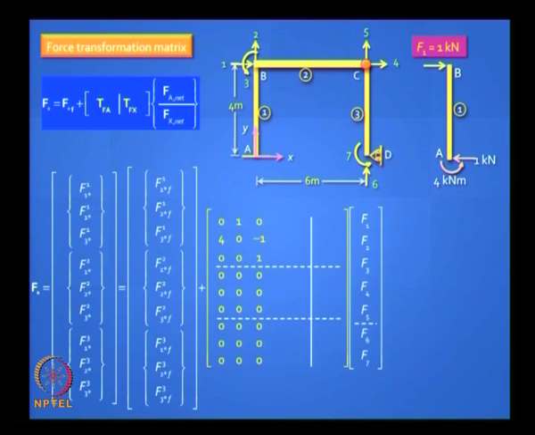So I am going to demonstrate here how to generate the force transformation matrix. Okay, F star is F star F plus TFA times FA net plus TFX times Fx net, right. We will work out that FA net, Fx net later after we handle the fixed end forces, but right now our task is to write down TFA and TFX.